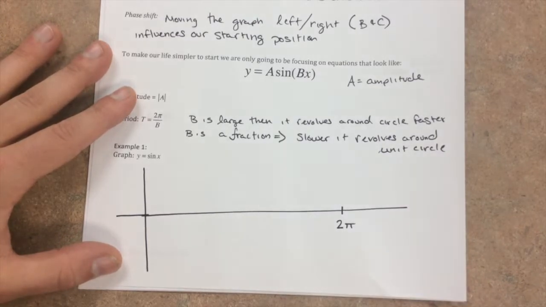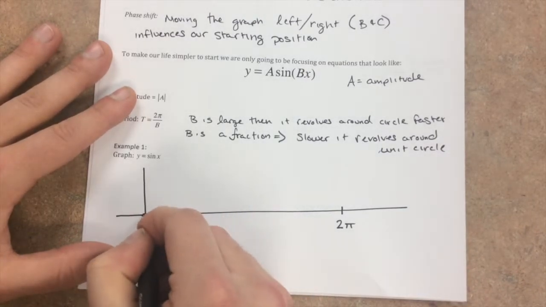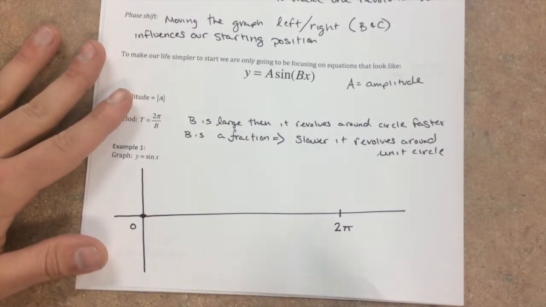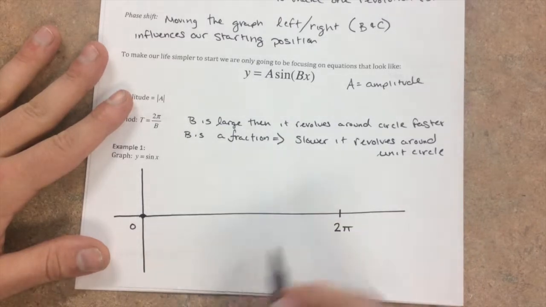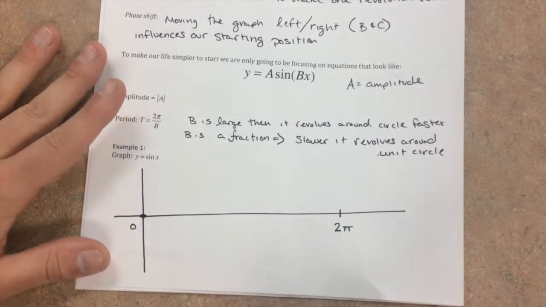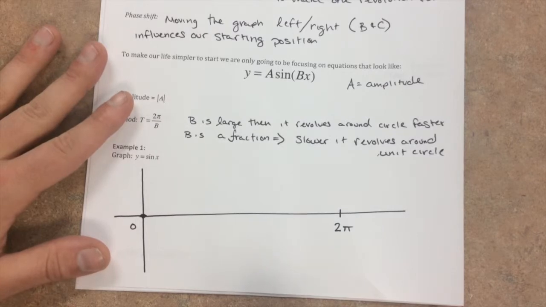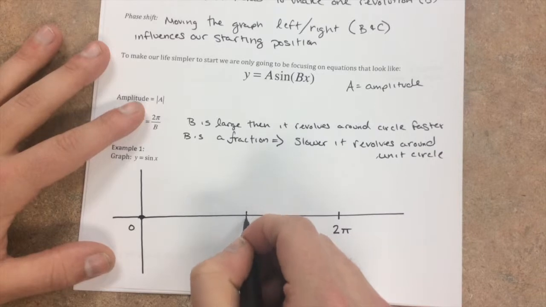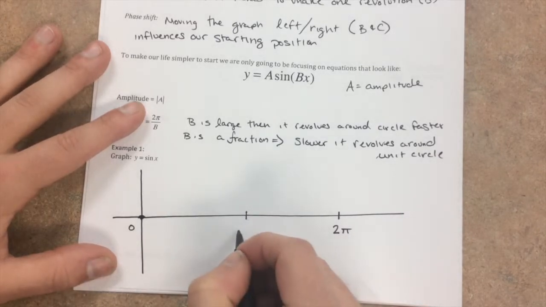we go out to 2 pi. And where we start is 0. Now you might be saying, okay, those are our two endpoints. If we spin around the unit circle once, we're starting at 0, we go to 2 pi. Other key points that we want to look at: halfway between here would be pi.